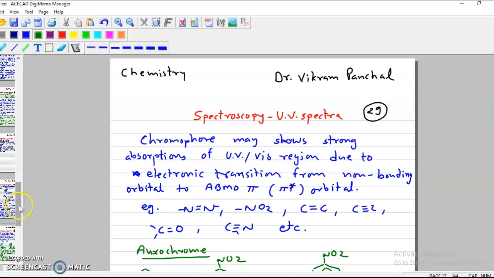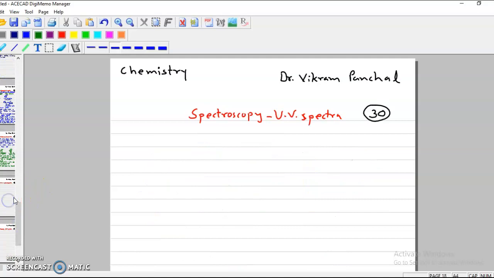For example, if we see benzene, benzene has a chromophore.